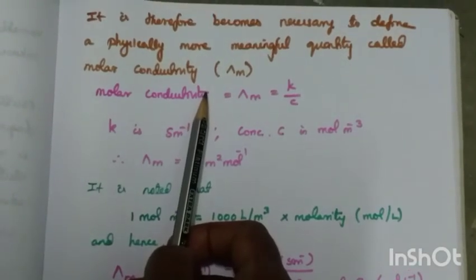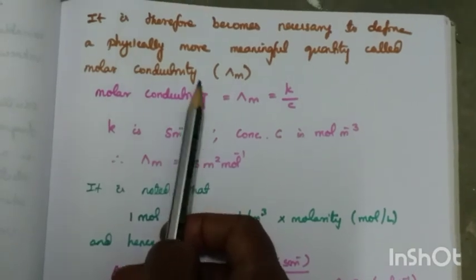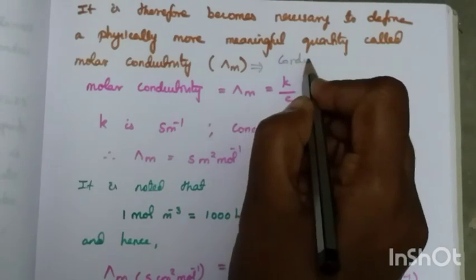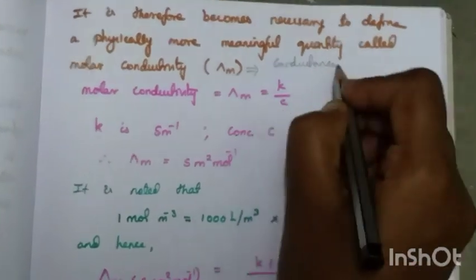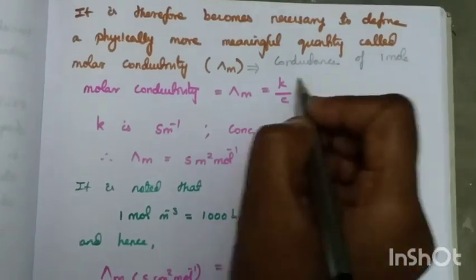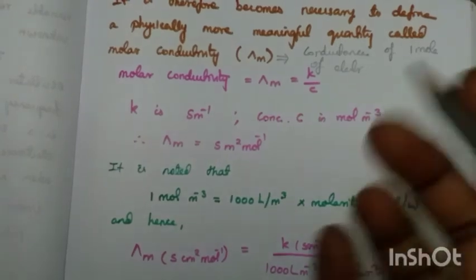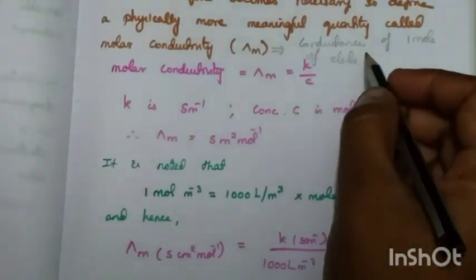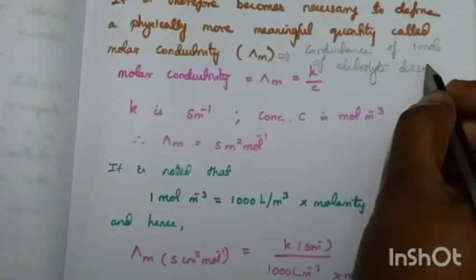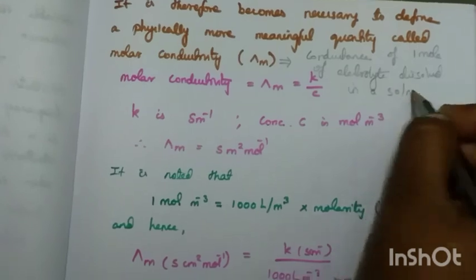That is, the conductivity of the solution containing 1 mole of the electrolyte dissolved in it is called molar conductivity.